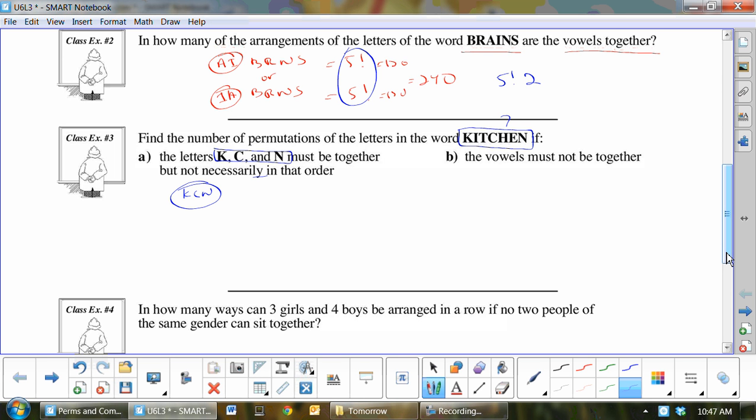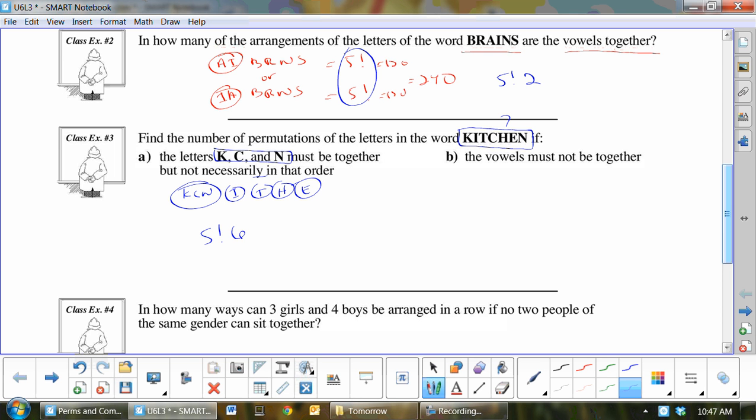How many objects do I have now? I would have that plus I plus T plus H plus E. Okay, I would have 5. Okay, and because K, C, and N can be in any order, what should I multiply it by? 6.